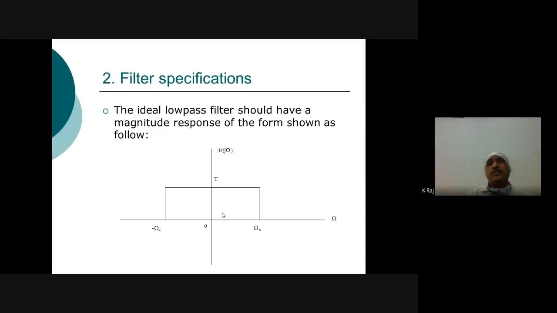Now the filter specification, as we have described these concepts in the first section of this lecture, that an ideal low pass filter should have a magnitude response of the form shown below, that is a flat response having a fixed value in the pass band, having a cutoff frequency from minus omega c to plus omega c here.